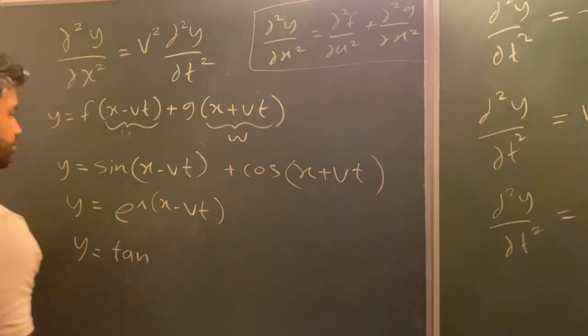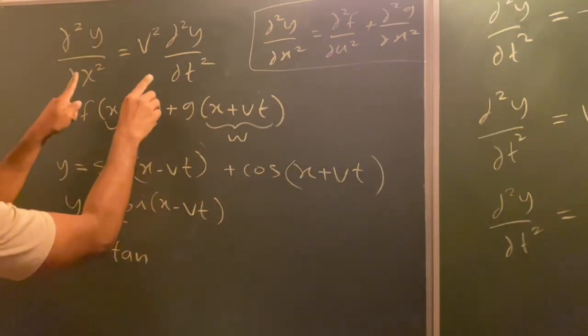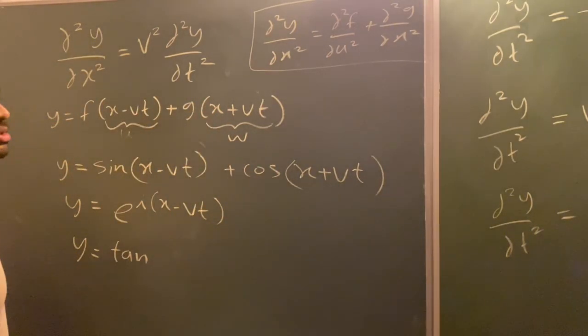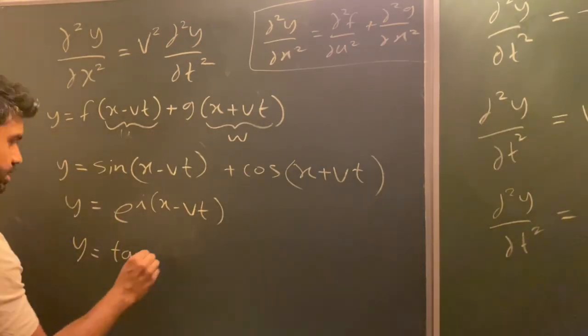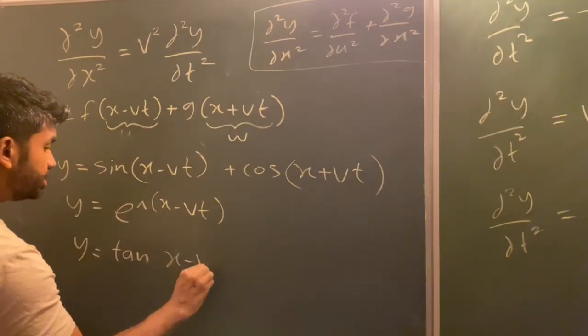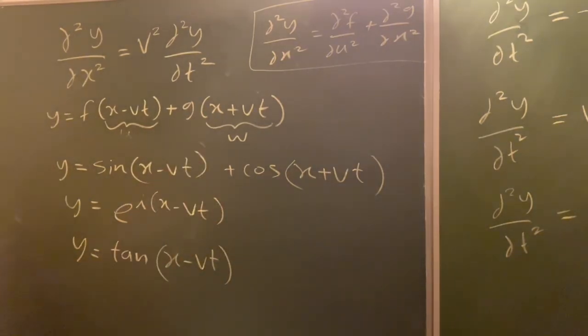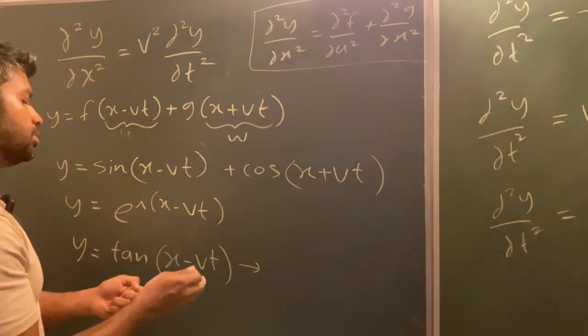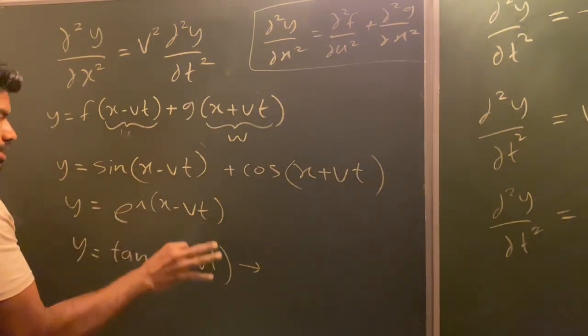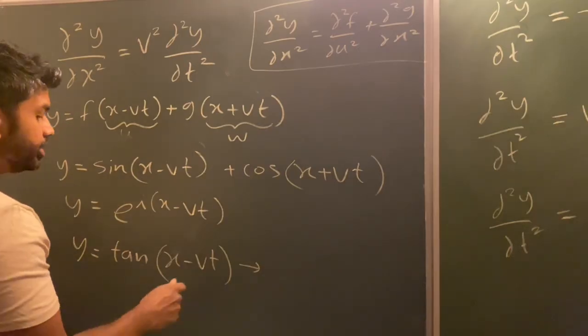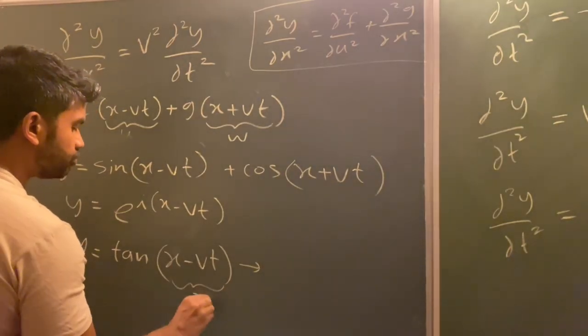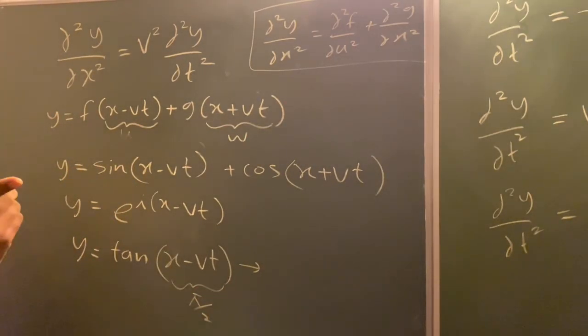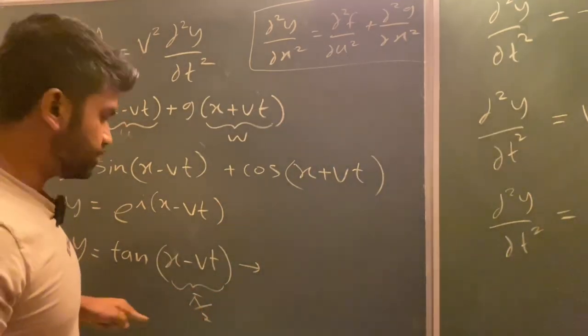Even that's fine because there are two parts, but even if you end up with one of them, it's still fine, right? And here even if you write tan(x minus vt), still it's fine. But here this is locally correct, but not globally, because locally in some regions tan exists, but you already know that when this turns into a product of pi over 2, it goes to infinity, so you can't find a proper solution for that.